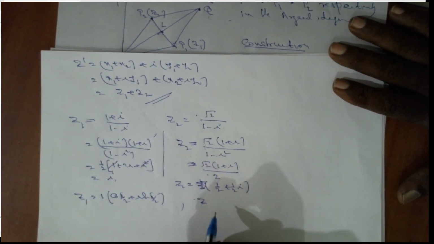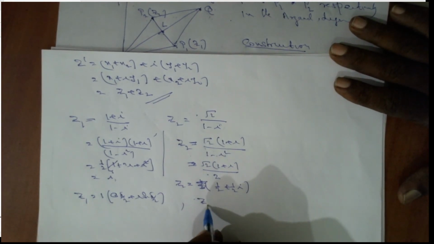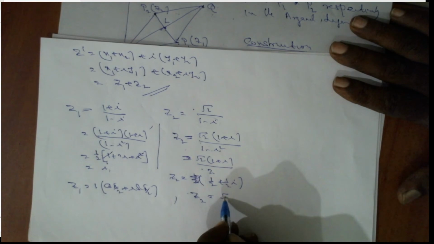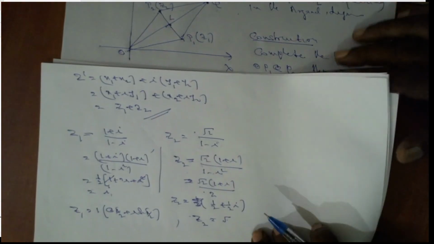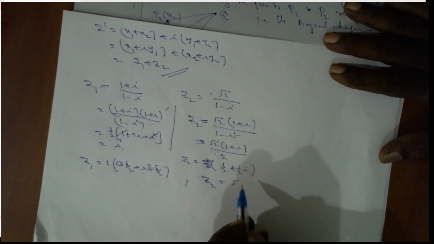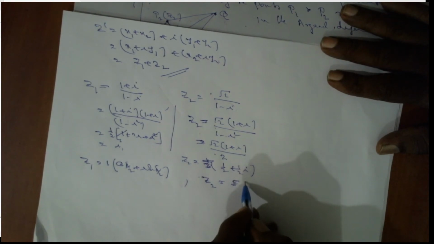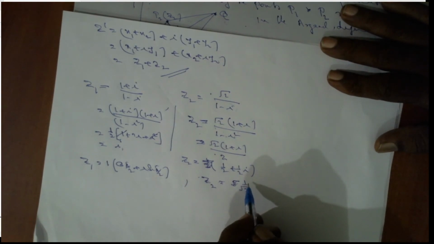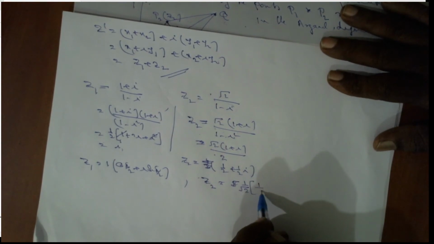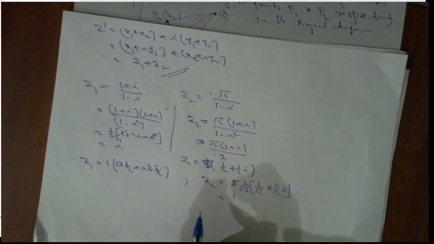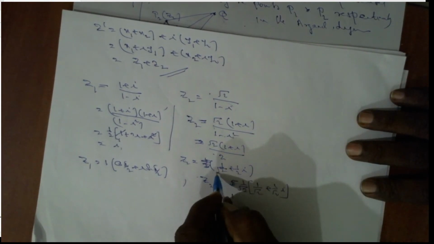Now this one, C2. C2 equals, this is the same as the initial complex number we got, which is also similar to this, no? 1 over root 2 times... so this equals 1 over root 2, this one, no?